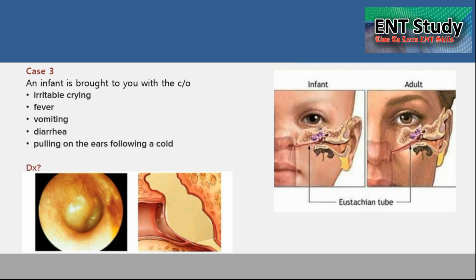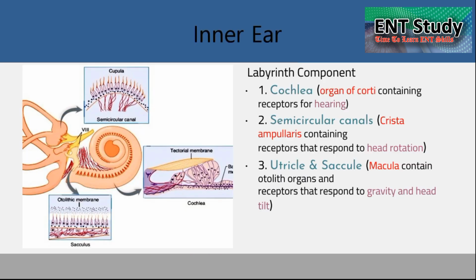And the infection of those trapped fluids led to the acute otitis media. In infants, the eustachian tube is shorter and more horizontal. The infection of the eustachian tube is more common as compared to adults.